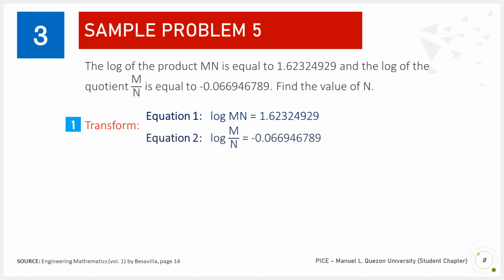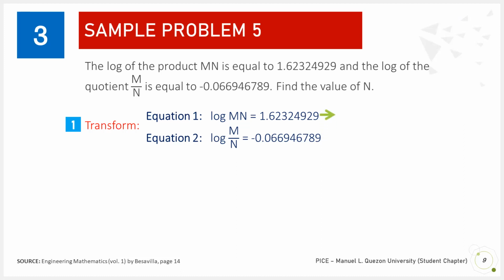And equation 2 is the common logarithm of m over n is equal to negative 0.066946789. So again, dahil walang naka-indicate na base sa equation 1 and 2, automatic, ang base nila ay 10.